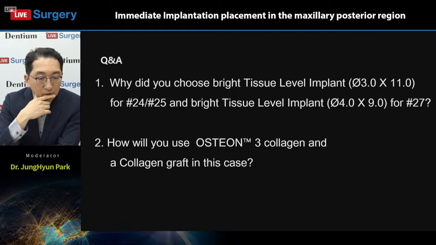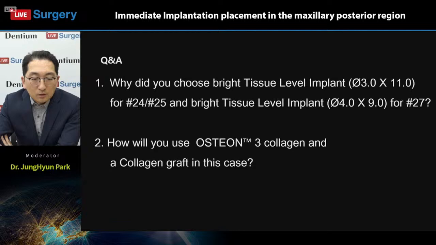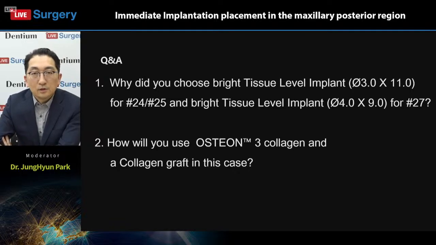The second question is how will you use osteogenic collagen and collagen graft in this case? I will use osteogenic collagenated bone to fill the extraction socket after immediate implant placement.